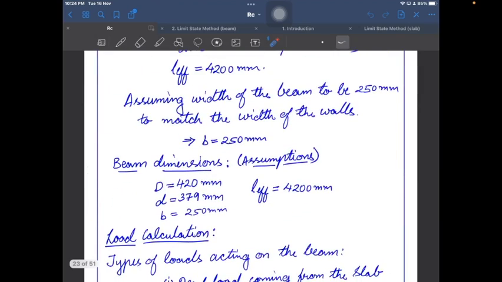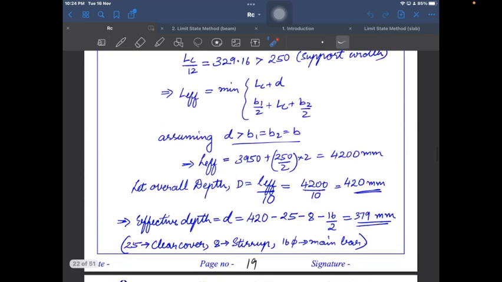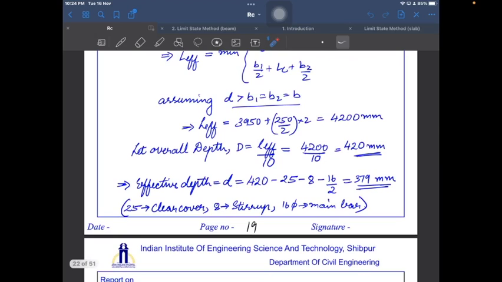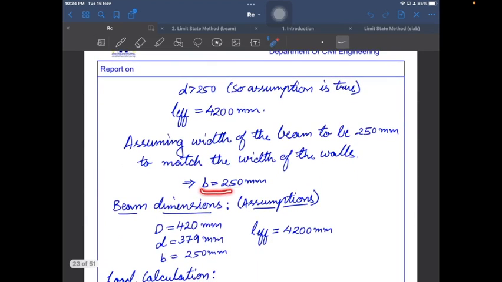I should have written something else here, probably column. It is the width of the support. So don't get confused with that. So this B is width of the beam. From here, our things start.